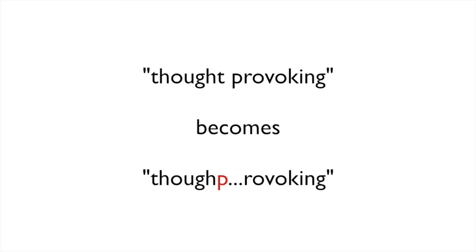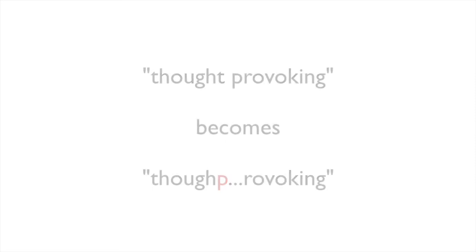So thought-provoking becomes thoup-provoking, thoup-provoking. This is because it helps words to link together, and it's an important part of fluency. It's called assimilation, and native English speakers use it all of the time because it really adds fluency, but it's also an important part of pronunciation.